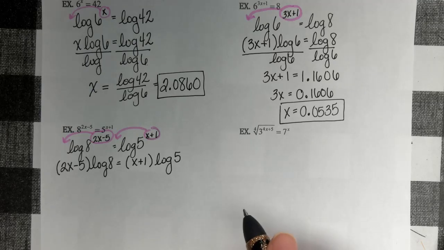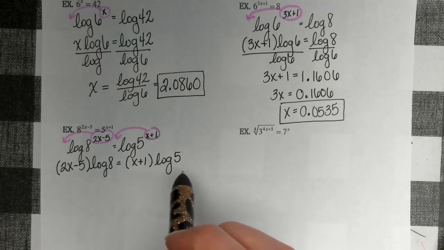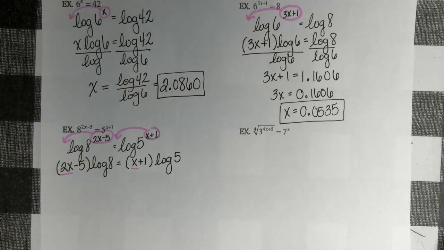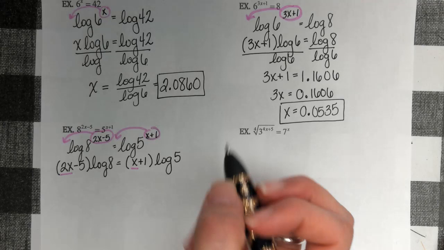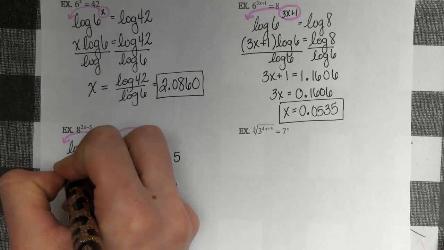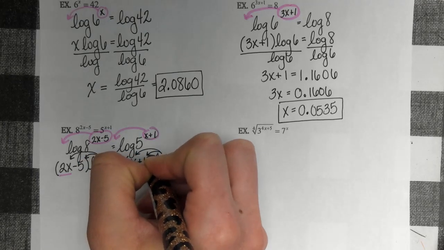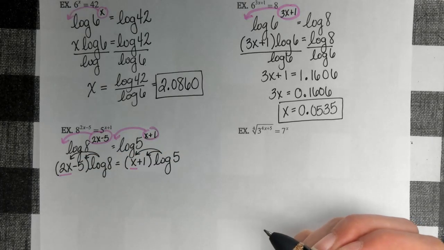Now this time, I can't just get rid of my 8 because I have an x on the left and an x on the right. So I have no choice but to distribute these logs so that I can eventually get my x's on one side.